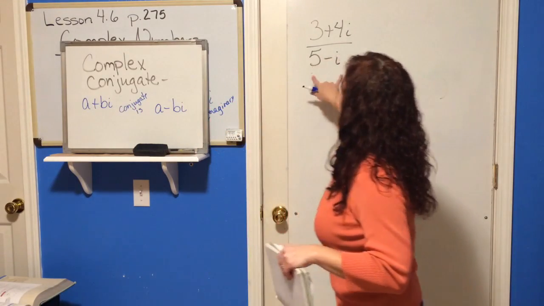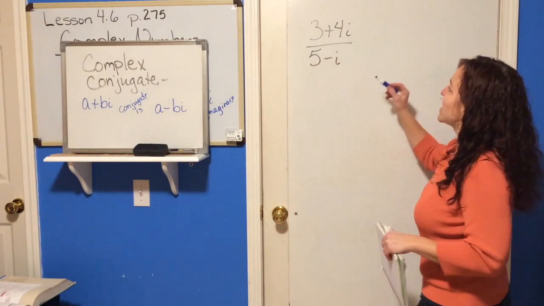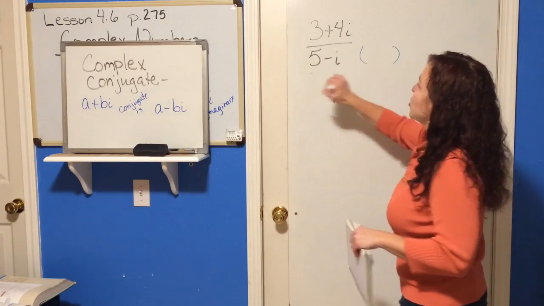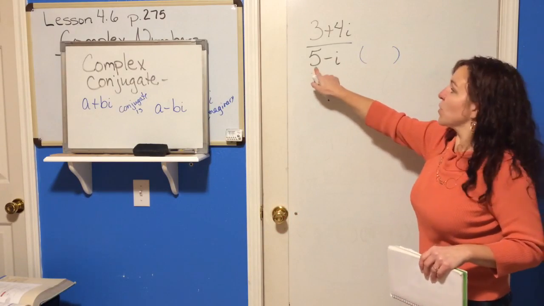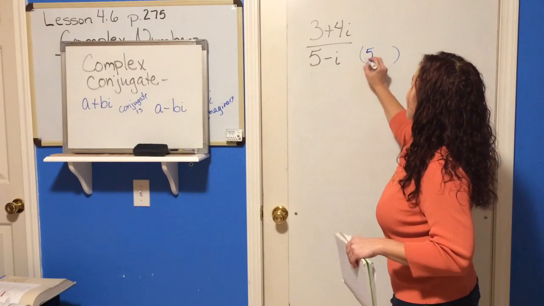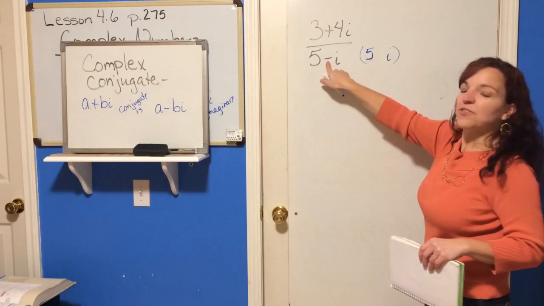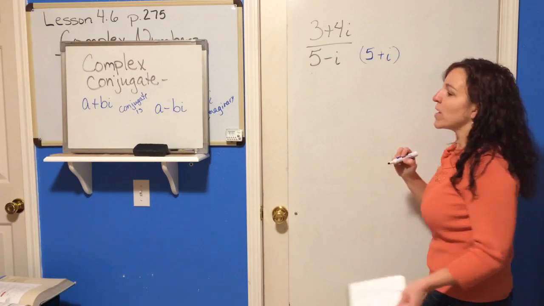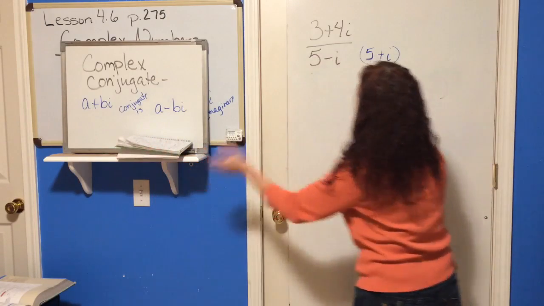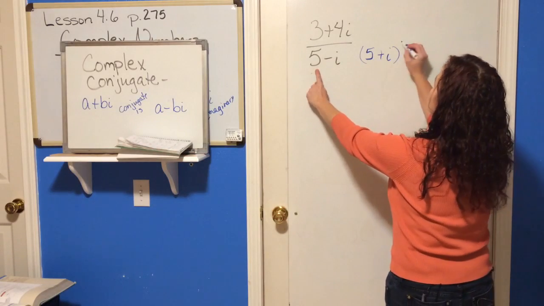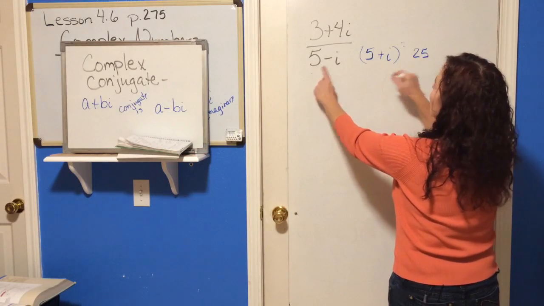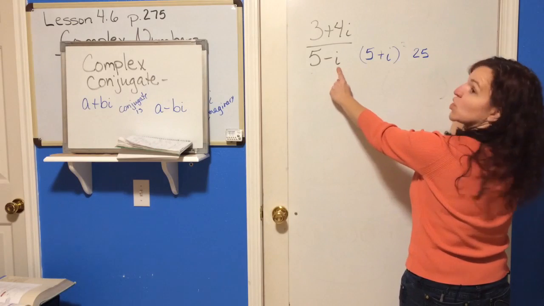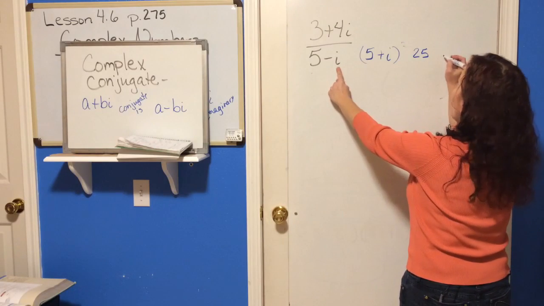So I'm going to multiply by the conjugate of my denominator, 5 minus i. Keep the same terms, 5 and i, and I have a different sign. This one is negative, so this one is going to be positive. And when I do that, my 5 times 5 is 25, and my i times i is i squared, which is just negative 1.